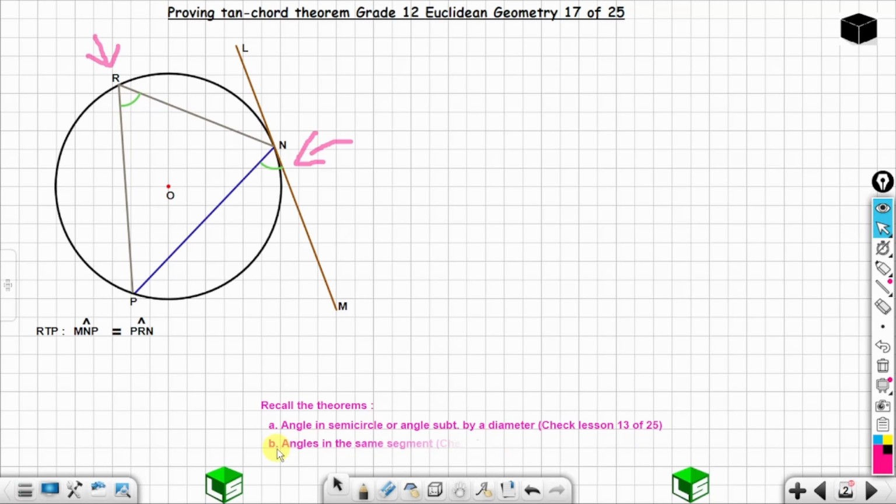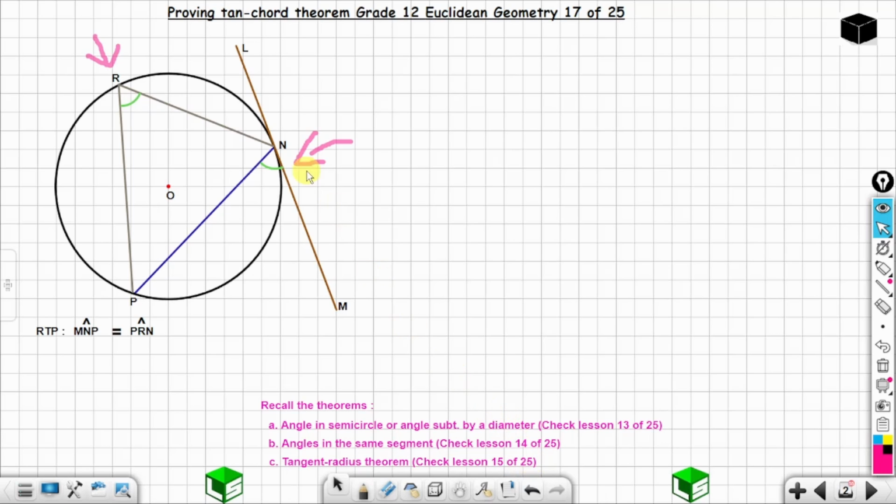Angles in the same segment; please check lesson 14 of 25. And the tangent radius theorem; please check lesson 15 of 25.